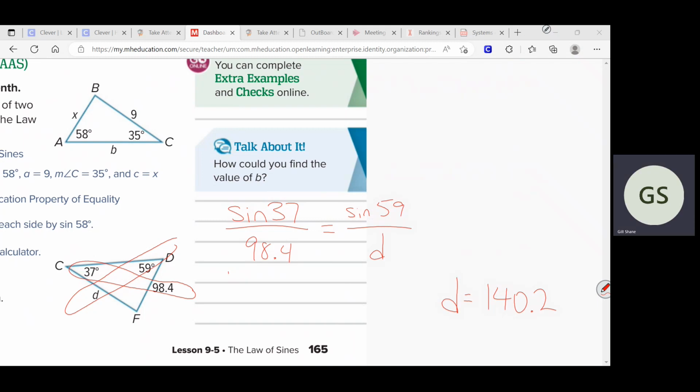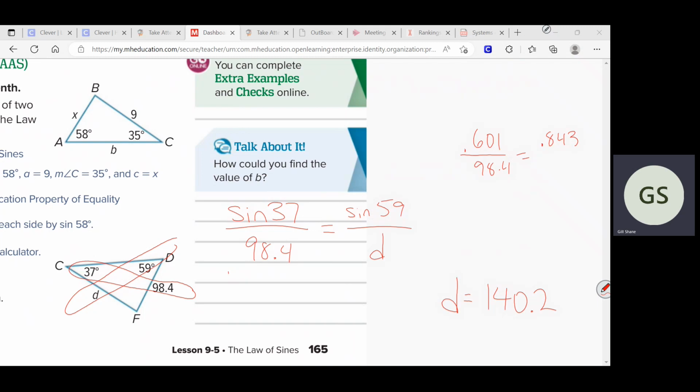What's the sine of 37? What's the sine of 59? 0.843, right? 84.34.